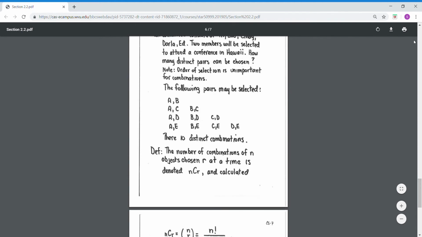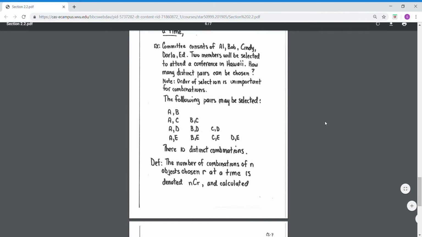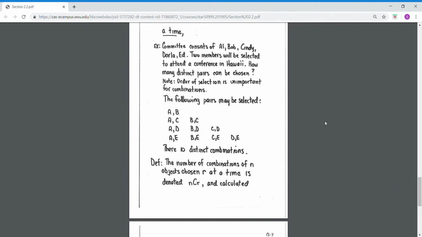a committee consists of Al, Bob, Cindy, Darla, and Ed. 2 members will be selected to attend a conference in Hawaii. How many distinct pairs can be chosen? Note, unlike in permutations, order of selection is unimportant for combinations. It doesn't matter if Al is chosen first or Bob is chosen first.